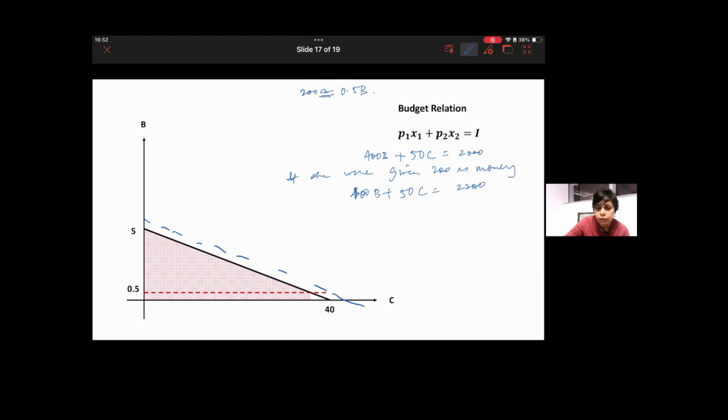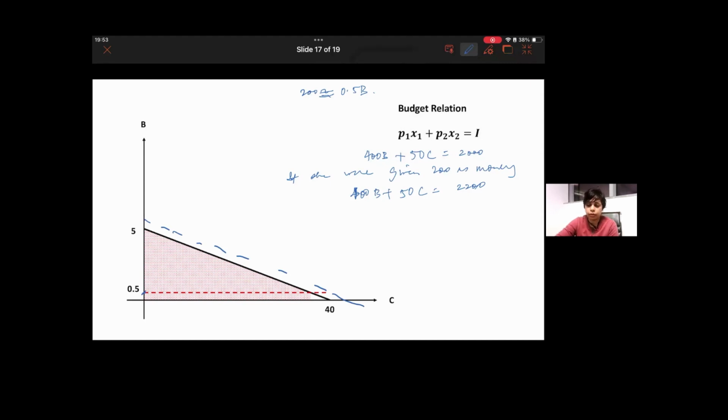So here you have this value 0.5B, and now because she has to use that voucher, she doesn't want to waste that voucher. Initially she could have consumed 0 books and 40 cups of coffee. But now the problem is that she cannot consume 0 books.